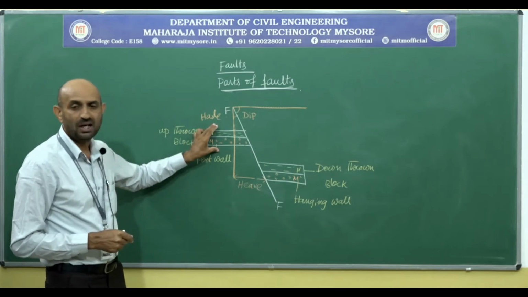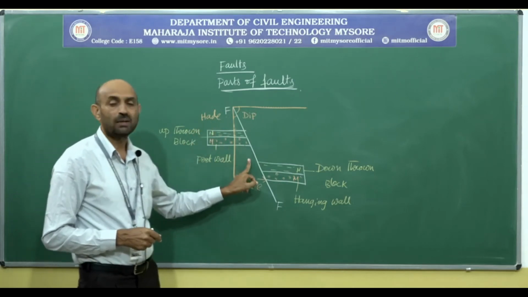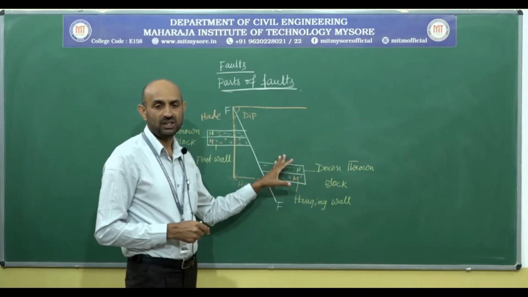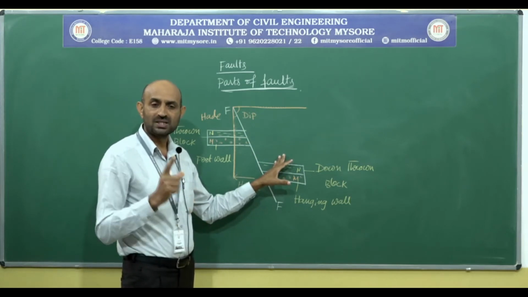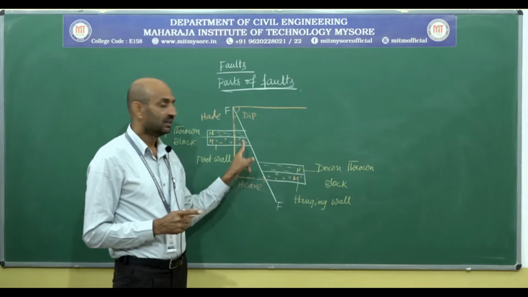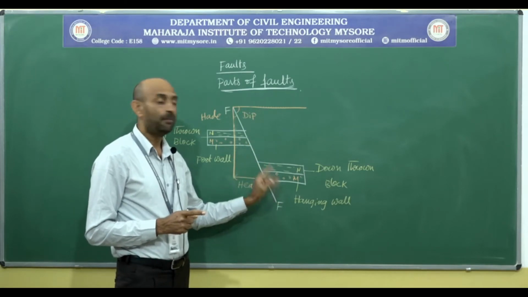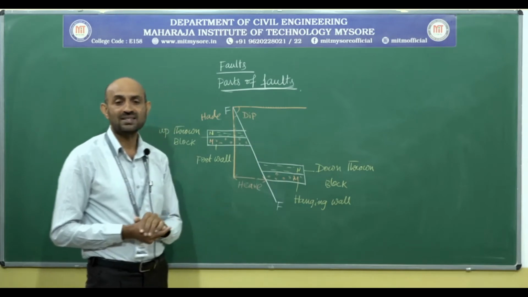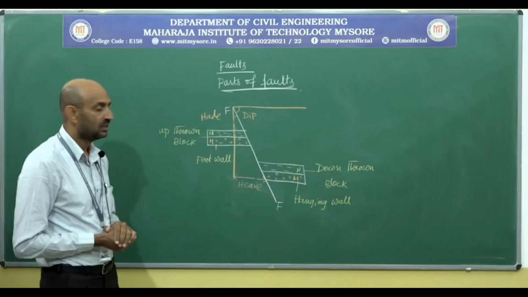One block becomes the under surface, another block becomes the upper surface. The block which lies under is the footwall, and the block which lies on the upper surface of the fault plane is the hanging wall.